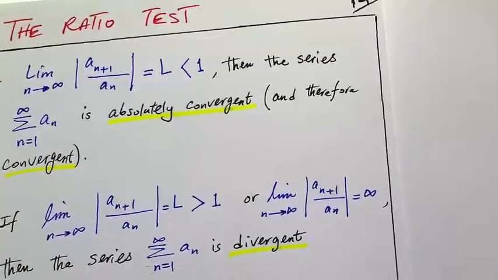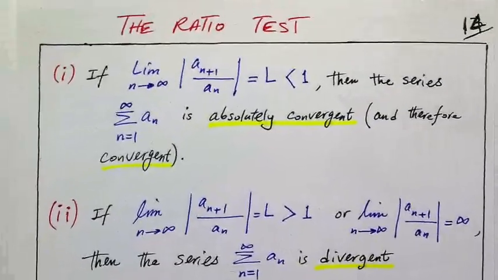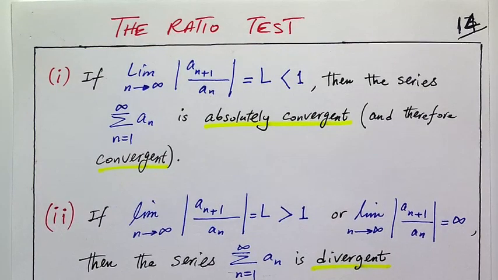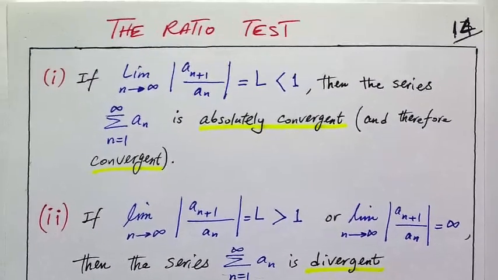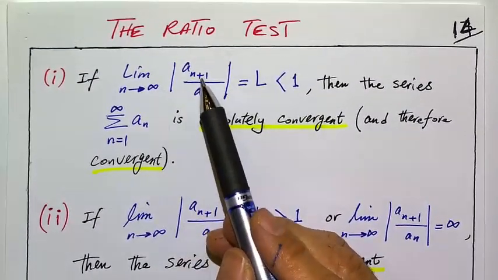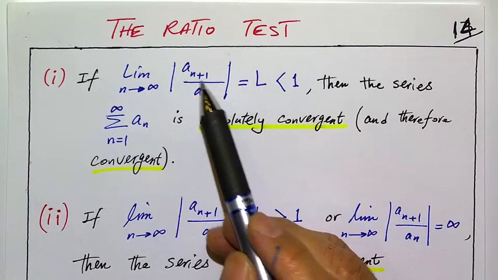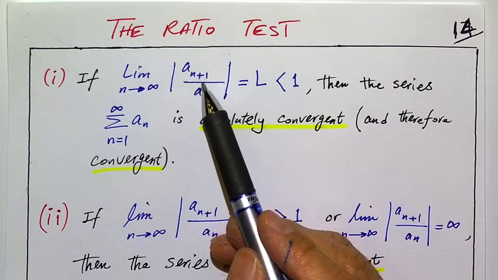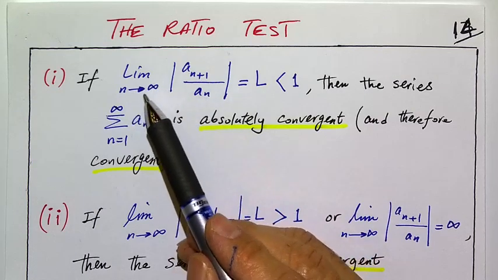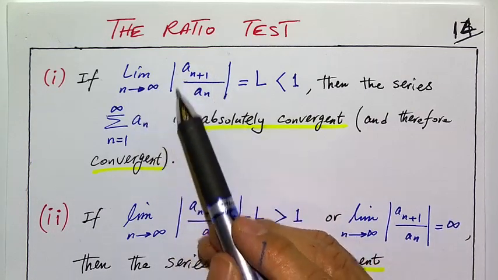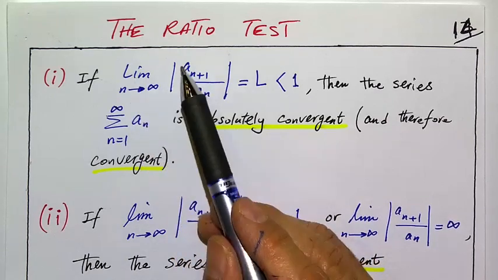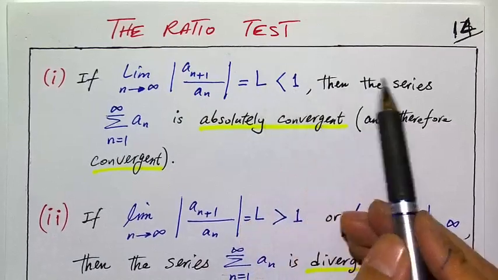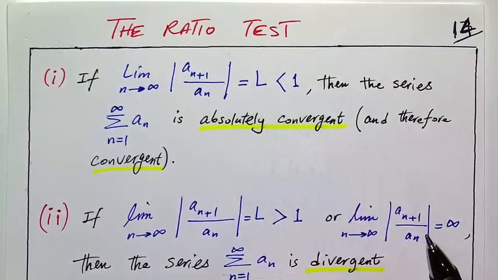Okay, so another type of test that we have is the ratio test, and after this we will look at the root test. So the ratio test says that if you take the ratio of a n plus 1 divided by a n, or every next term by the previous term, and take the absolute value of that, and take the limit of the absolute value of that ratio. If whatever you end up with is less than 1, then the series is absolutely convergent.